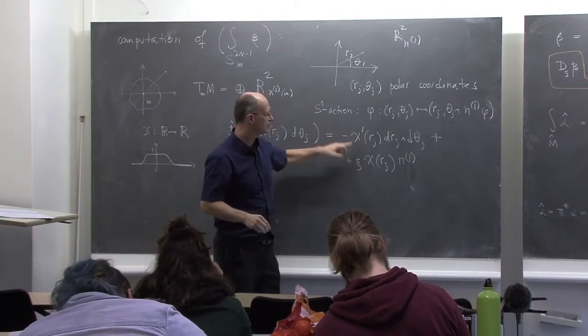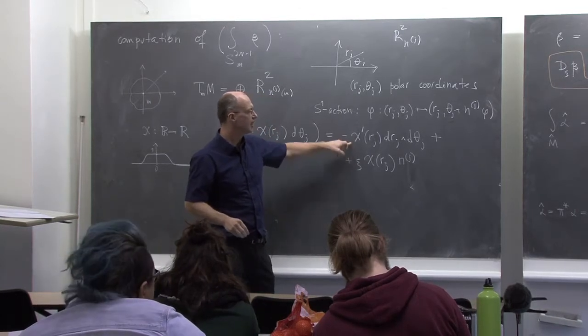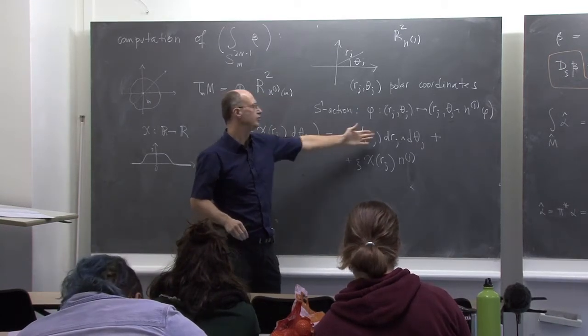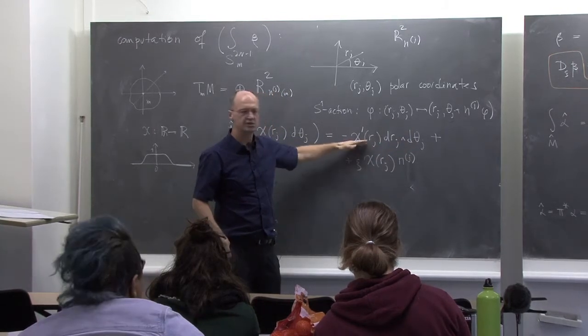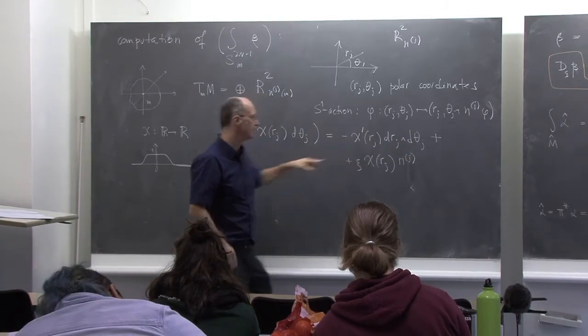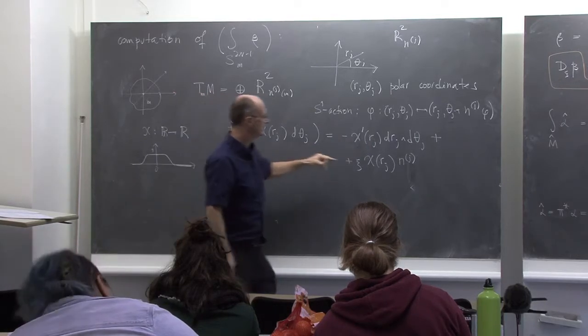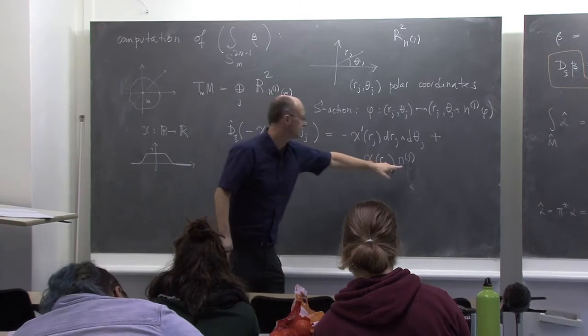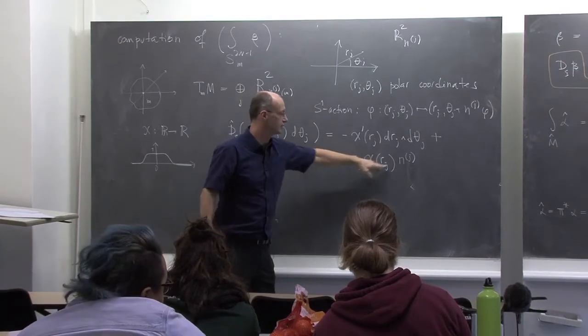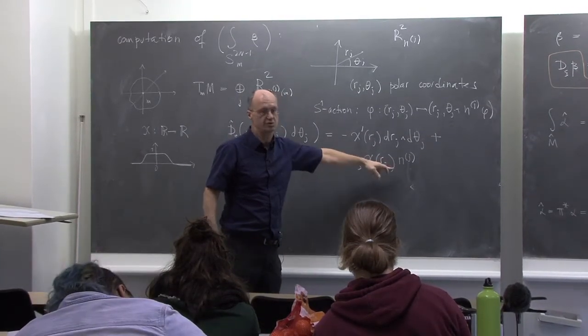Notice that this differential form, first defined on m hat, is actually a differential form on m, because this is just a function of r_j, which is a smooth function.